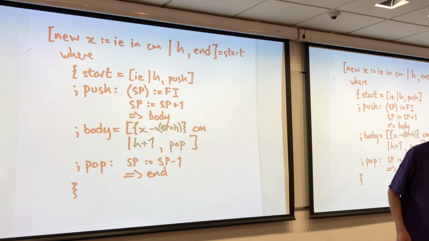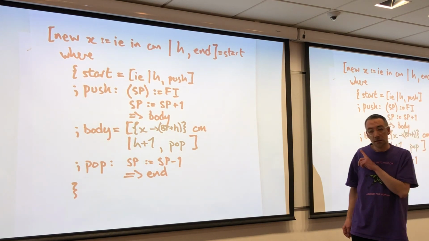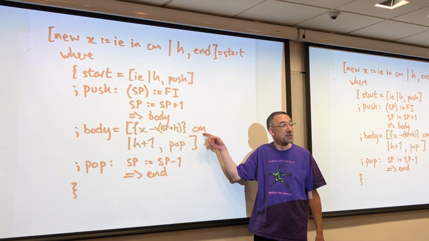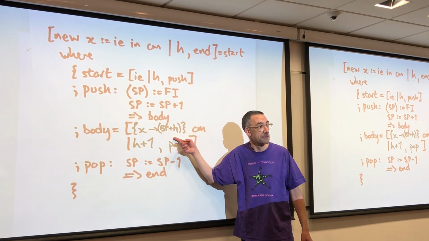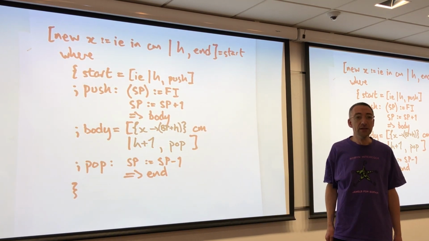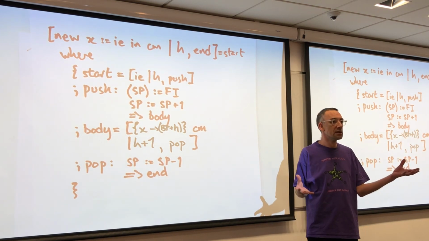At the pop stage, would you not need to remove the x from the symbol table? That's automatic, right? When you do this, you're saying that locally, only for this compilation task, is x in the symbol table. So the symbol table is treated like an input.